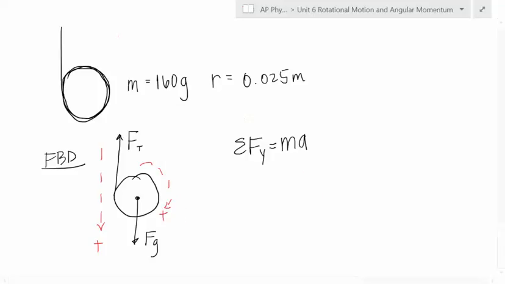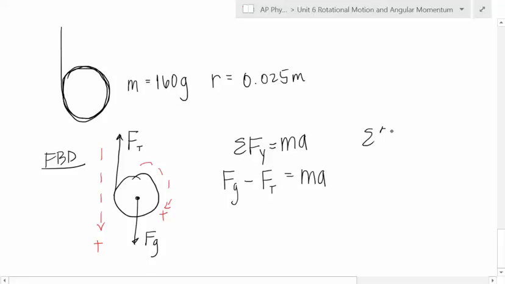Okay. So we got an FG that would be positive minus an FT would equal MA. And when I sum the torque, the whole thing is going to also have an acceleration.